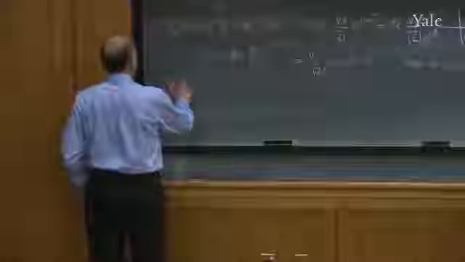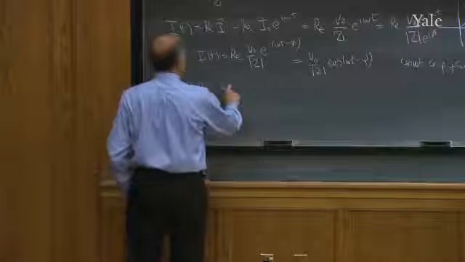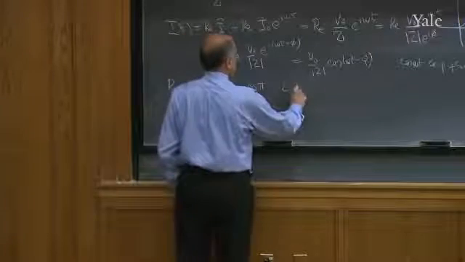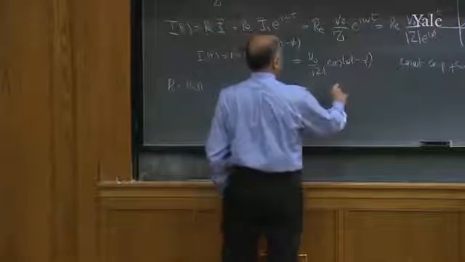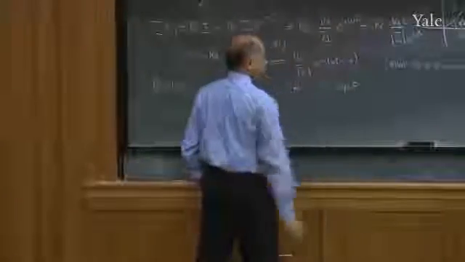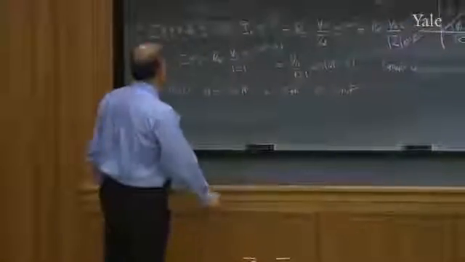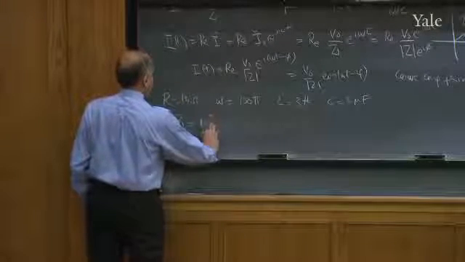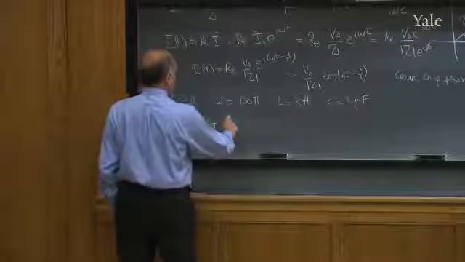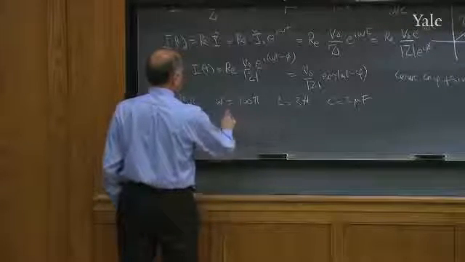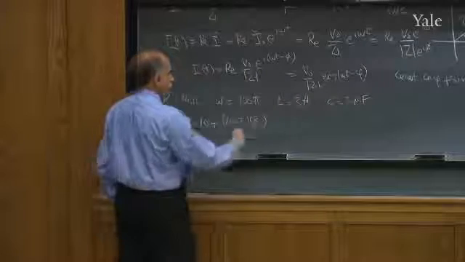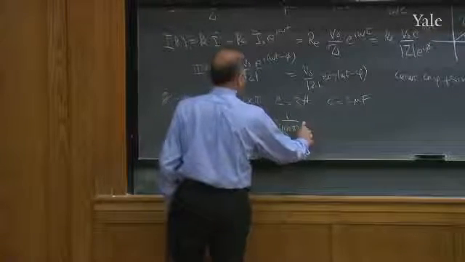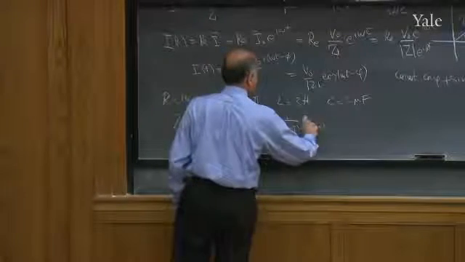Suppose I tell you R is 10 ohms, omega is 100 pi, L is 3 henries, and the capacitance is 2 microfarads. You can find Z. Z for this circuit will be 10 plus I omega L, which is 100 pi times 3 henries, minus I over omega C, which is 100 pi times 2 times 10 to the minus 6.